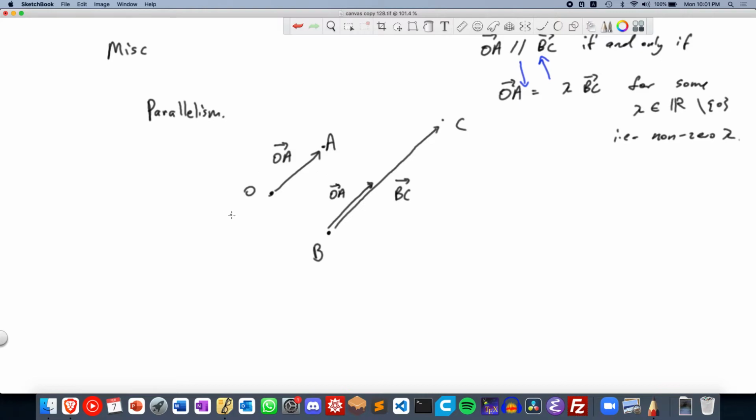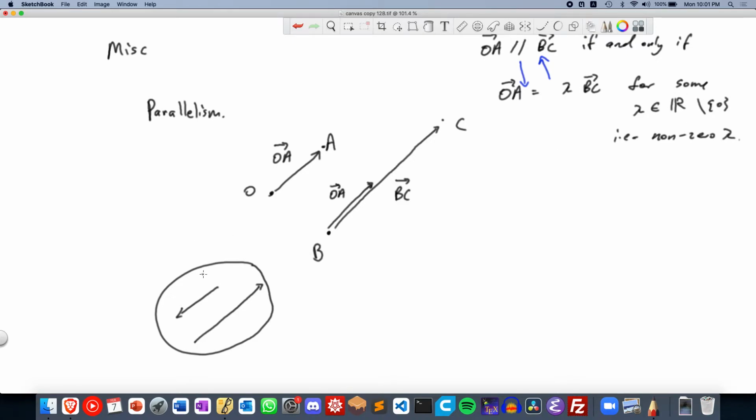And likewise, that begs the question also, are we saying that these two vectors are parallel? And in fact, by this definition, yes, we consider these two vectors parallel because we can find a negative number, which is also a real number that's non-zero, so a negative number falls into the set of non-zero real numbers.